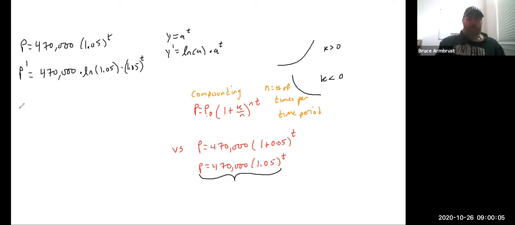So now P prime of 7 would just be 470,000 times the natural log of 1.05 times 1.05 to the 7th. And the way to interpret this is, how is the population changing in 2007? It's going to be this many people per year.